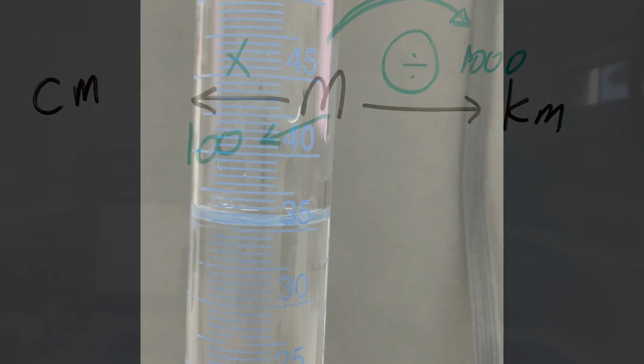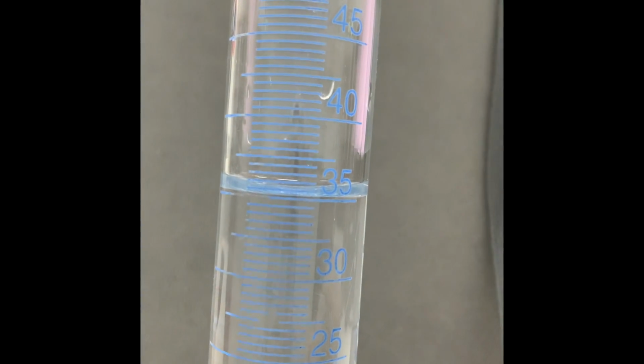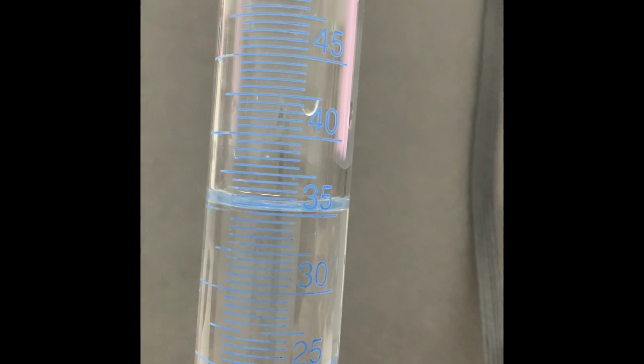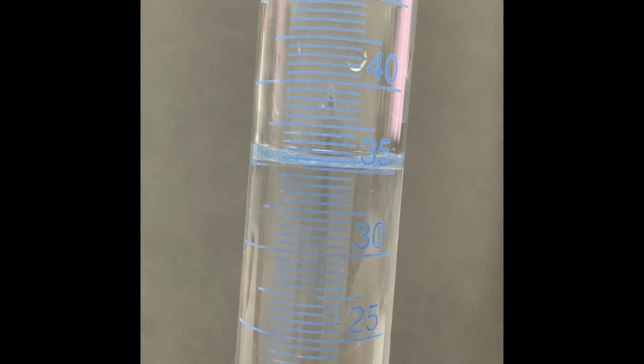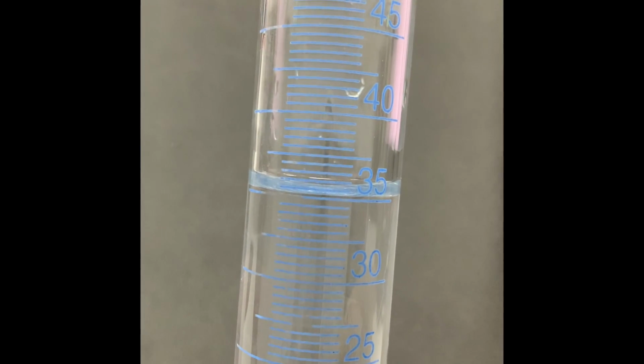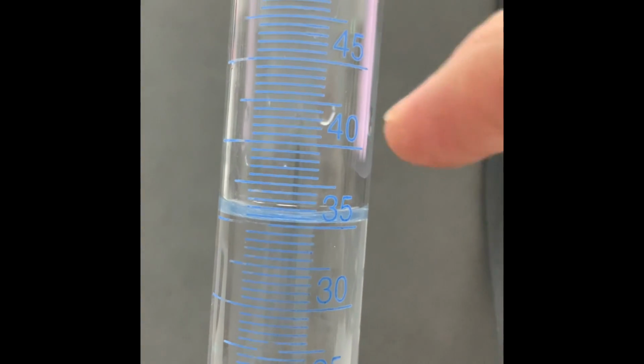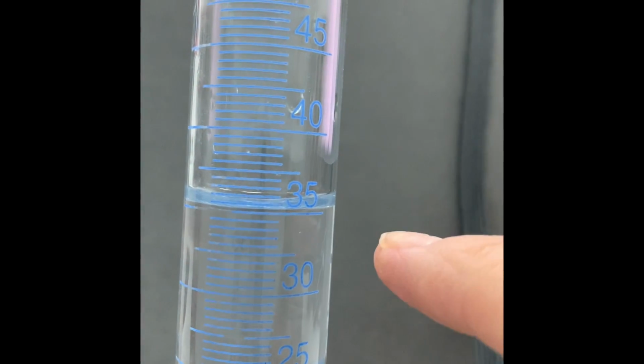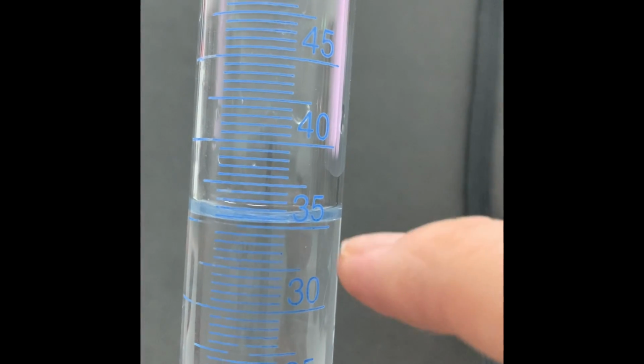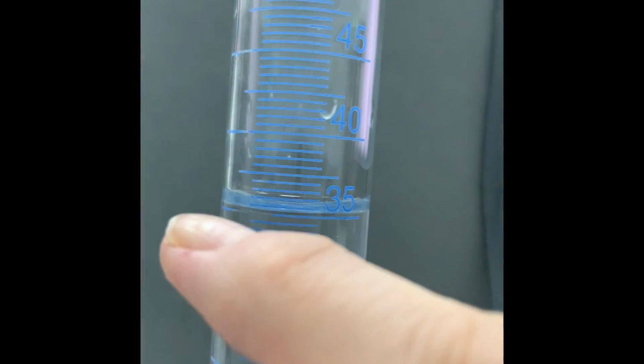centimeter, etc. Now remember when I told you about the air inside the graduated cylinder or any glassware. When we measure any volume of liquid, we have to be aware of the air inside it. So basically, when we add the liquid, we should look for the curve.